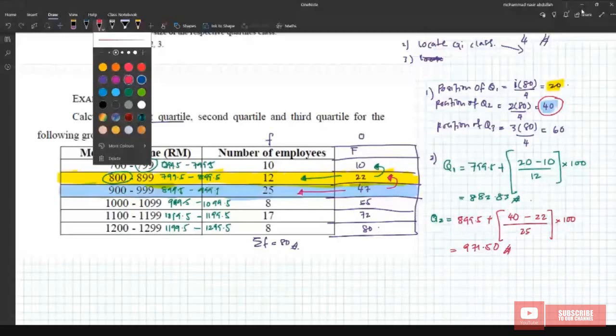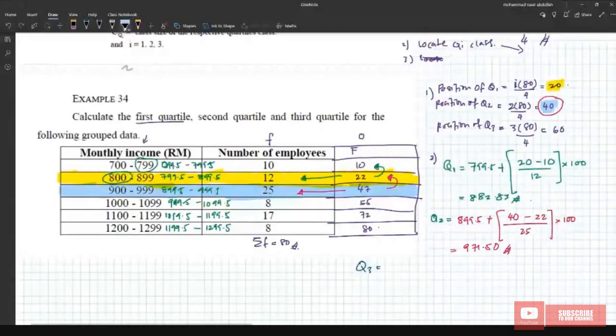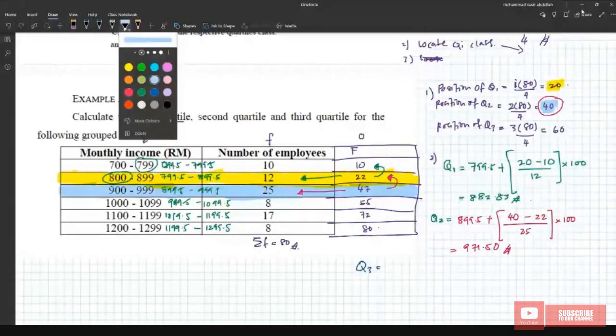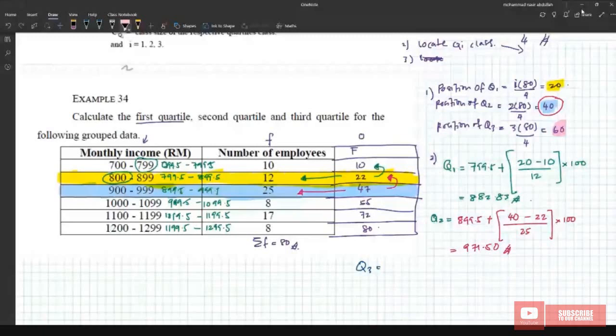First find the position of quartile number 3, which we already identified as equal to 60. The class for quartile number 3: cumulative frequency equal to 60 or next greater is 72. So the pink highlight is the class for quartile number 3.